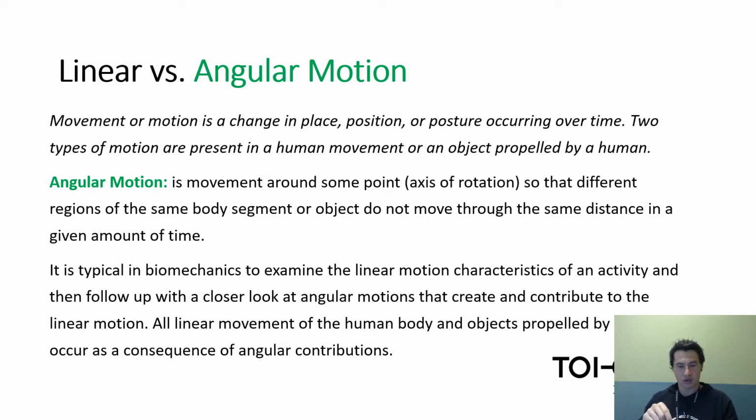So it's not just moving in a curved line, it's actually moving around an axis. And the key is that the different regions of the same body segment or the same body are covering a bigger or a different distance in the same amount of time.